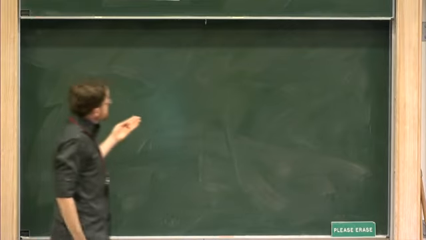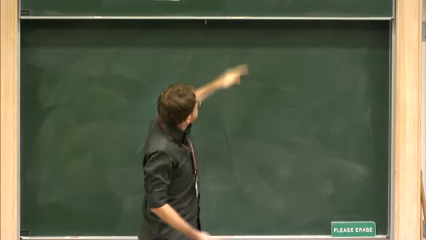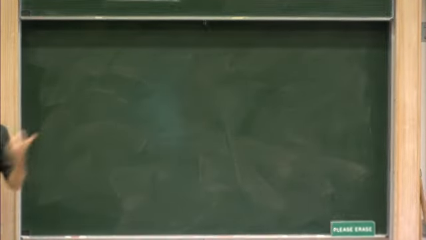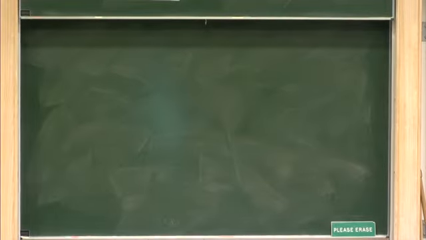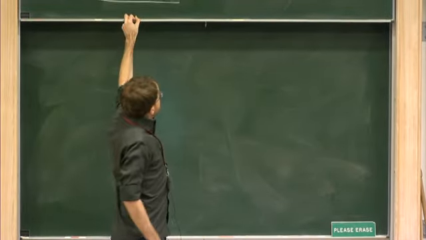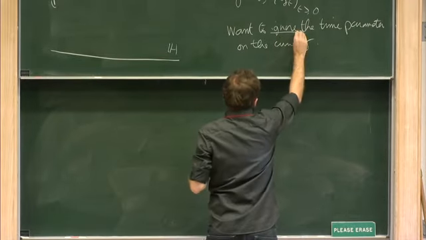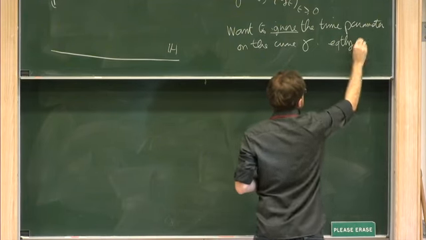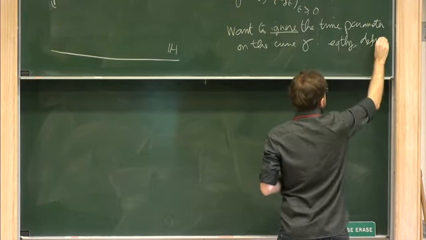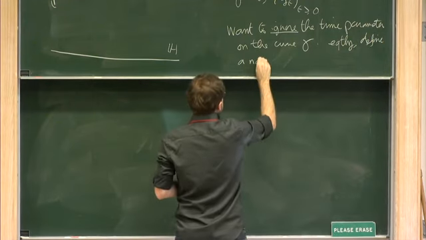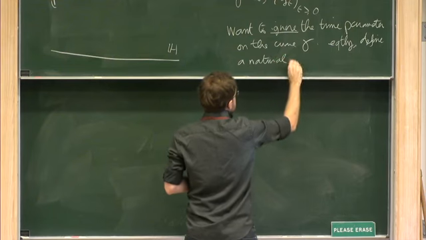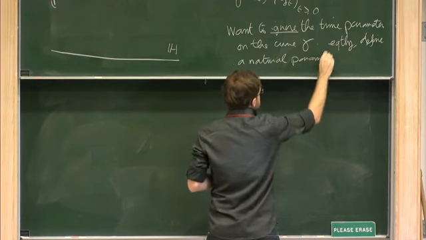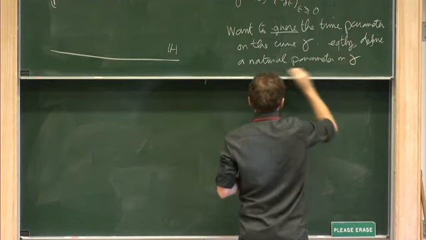Given a curve, there may be one natural way to parameterize it, which will be easier to treat for what follows. So we want to ignore the time parameter, or equivalently, we want to define a natural parameter on gamma.